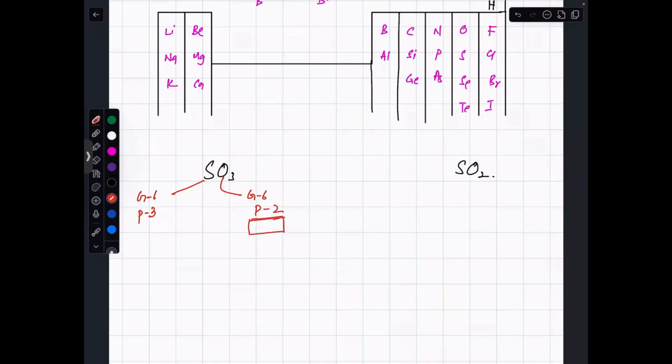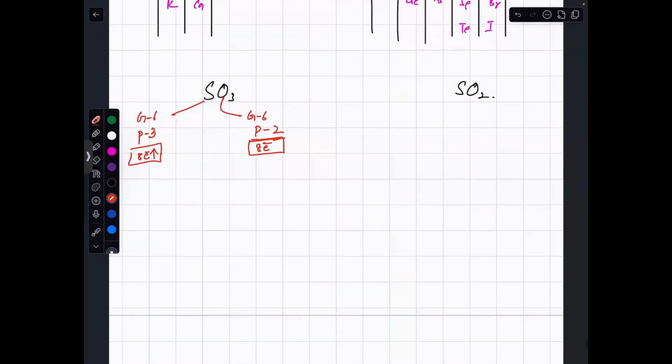Its capacity is just 8 electrons in the last shell. Sulfur can accommodate more than 8. So how are we going to do this? This is sulfur, group 6. You know, 1, 2, 3, 4, 5, 6.